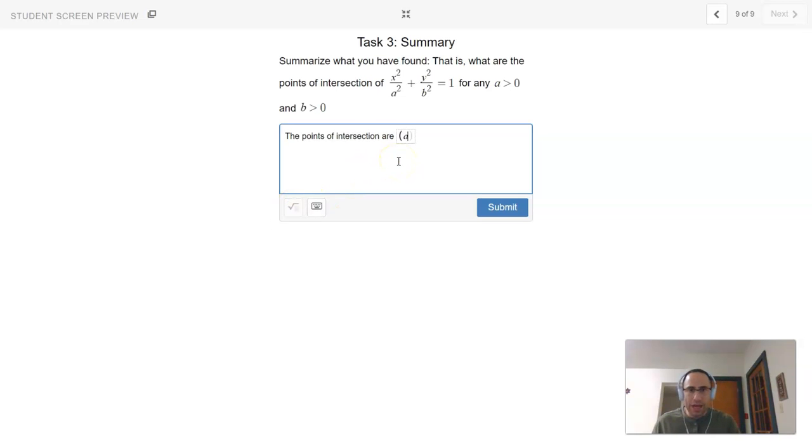We have a, 0, -a, 0, 0, b, and 0, -b. Now, it is centered at the origin. So having these points of intersection, we can actually make a rough sketch of the ellipse. So let's practice that now. Okay? So now I'm going to close this and we're going to do some examples.